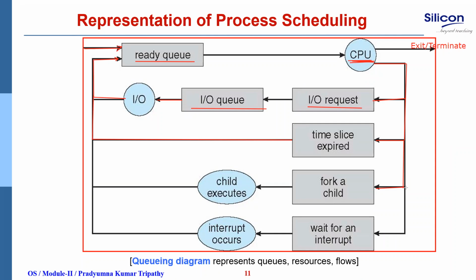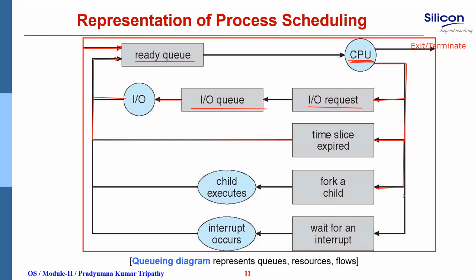If a child process is created, then the parent may run along with the child, or the parent may wait until the child completes. When the child executes, it will be added to the ready queue, and in the meantime some other process may be given to the CPU.